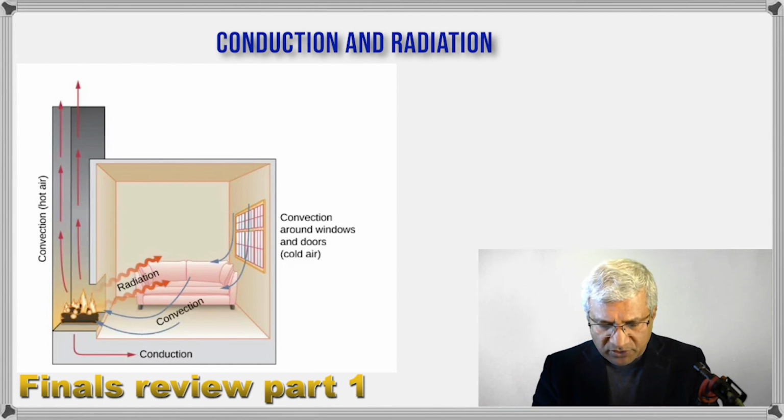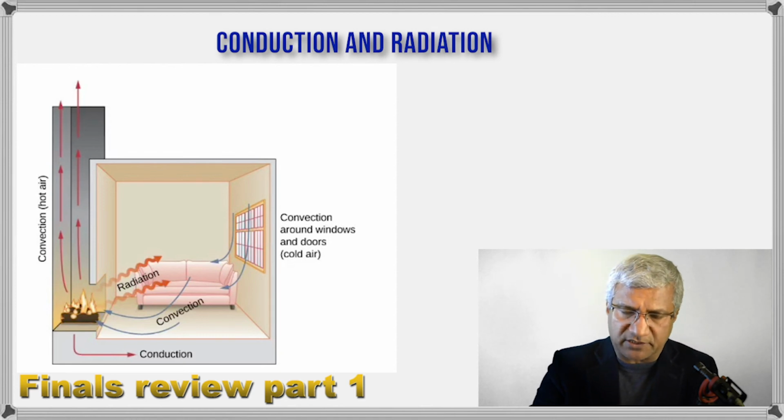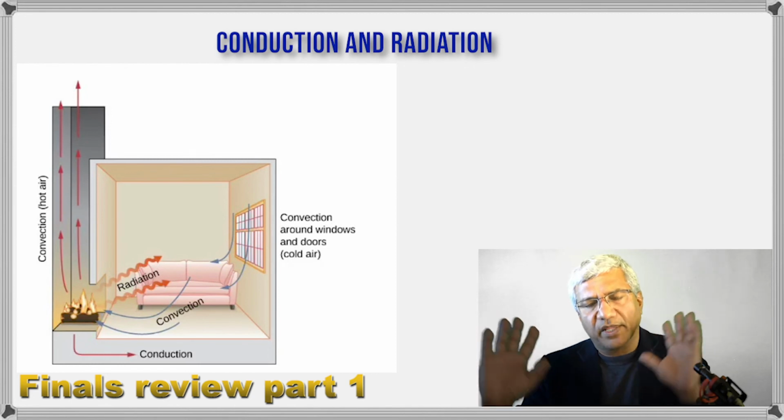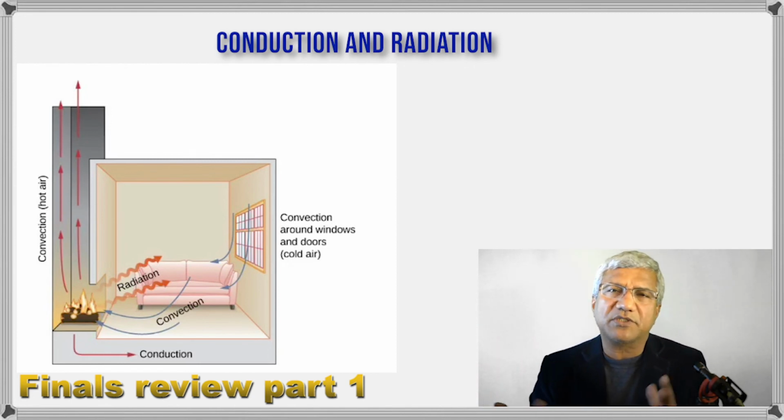You see all those three processes shown here. Conduction happens through the floor because that's a solid. Convection is where the hot air rises and the cold air comes down. You see the hot air rising up through the chimney and out. And radiation is simply into the room. That would have happened even if there was no air. So those are the three processes of transfer of heat.